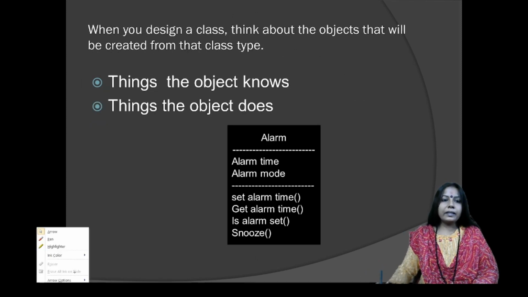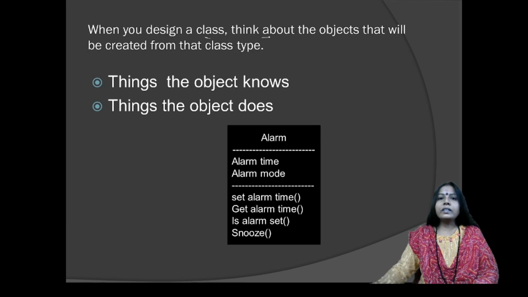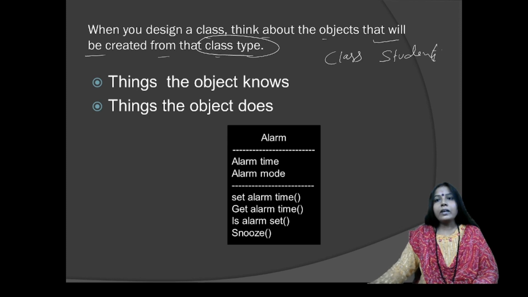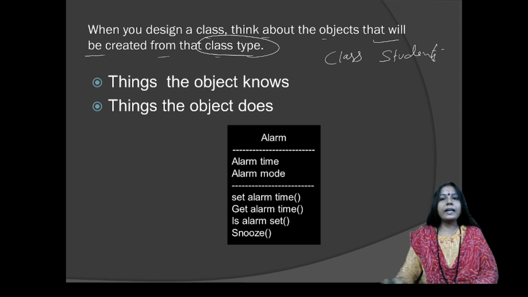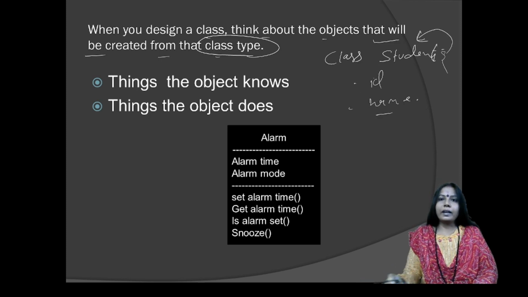If you try to design a class, then at first think about the object that will be created from that class type. Suppose you like to create a class as student, then at first you need to think about the object that will be created for this class type. Like ID, name, you may write here.